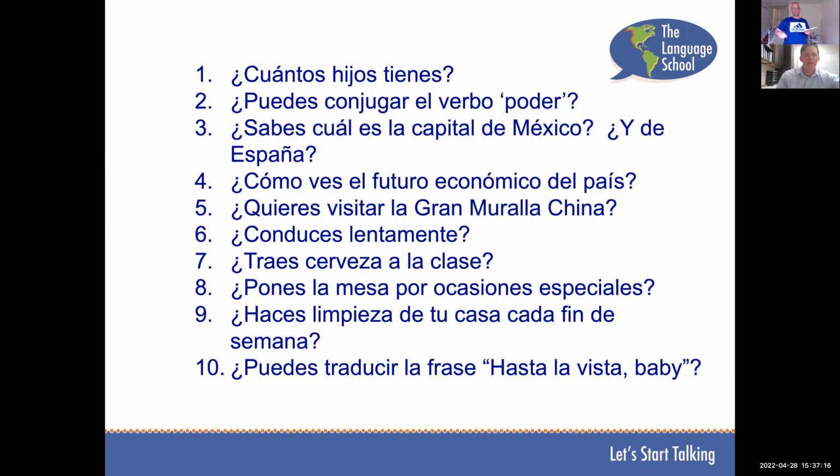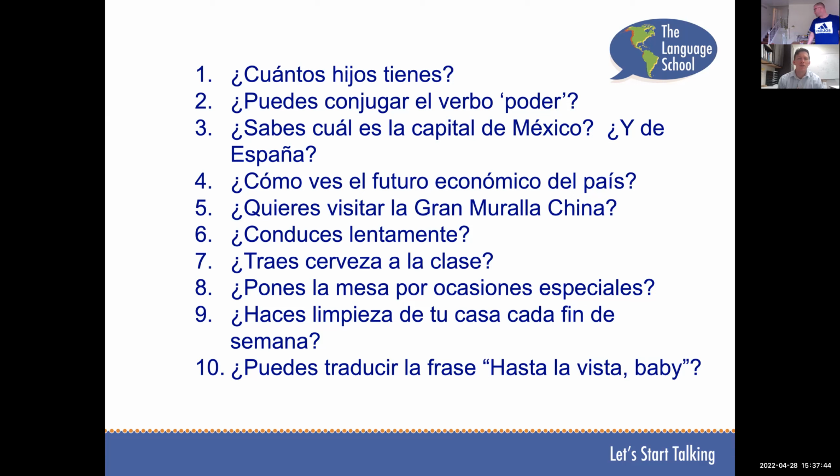Muy bien. ¿Cómo ves el futuro económico del país? ¿Qué significa el futuro económico del país? The economic future. Oh, how does it look? Yeah. In your opinion.